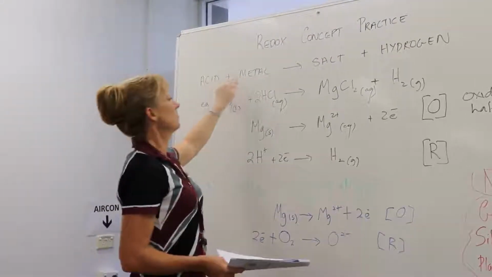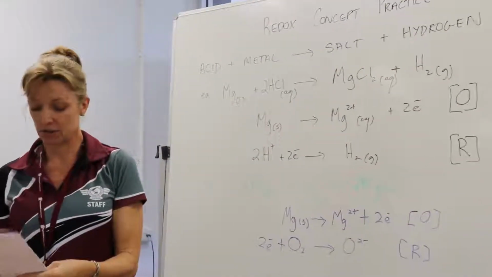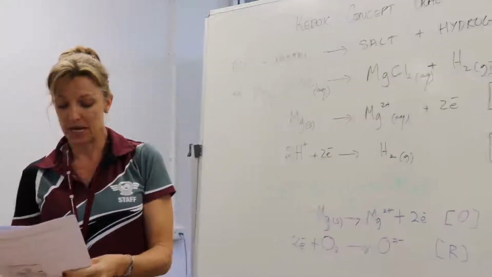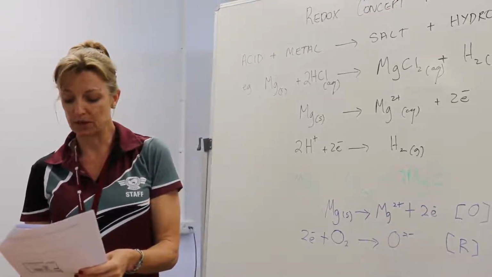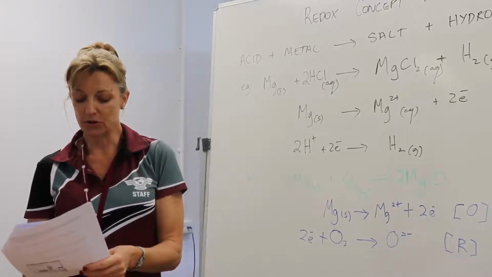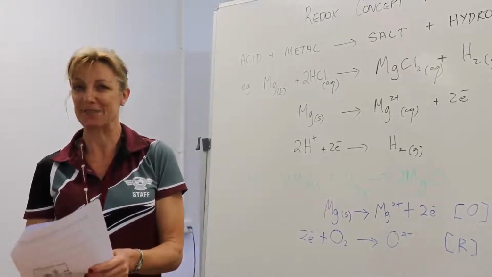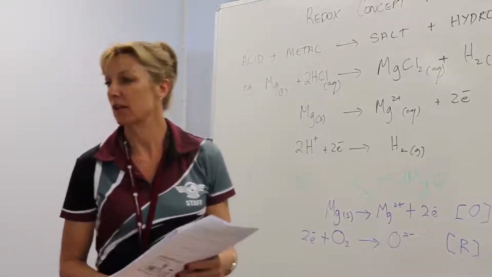So acid plus metal gives salt plus hydrogen. It's odourless gas, hydrogen, but very explosive. B, use the results in the table to arrange the metals into 3 groups: highly reactive, moderately reactive, and non-reactive. So do you think you can do that for me?